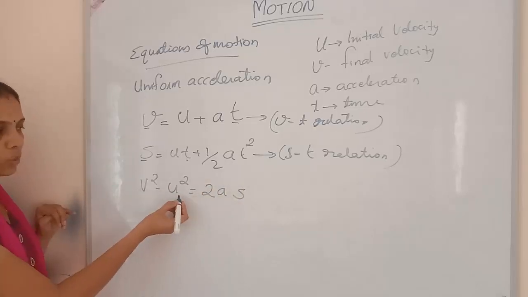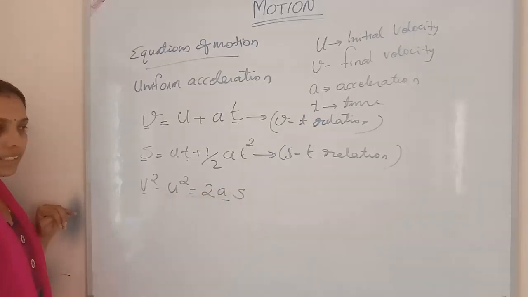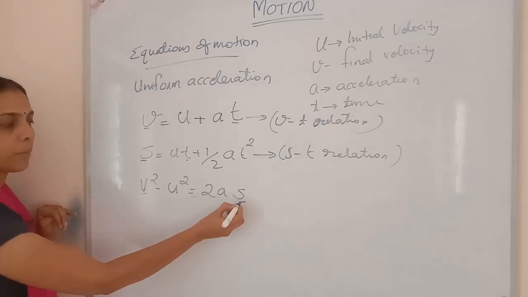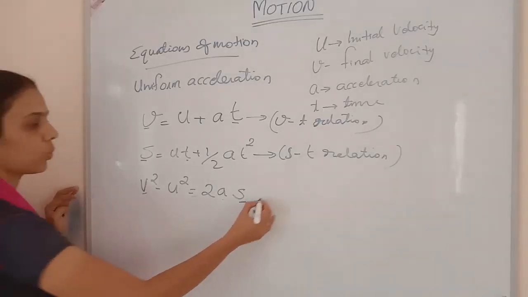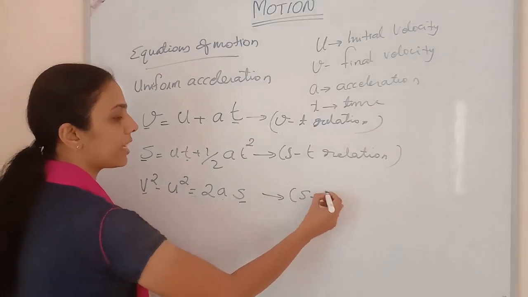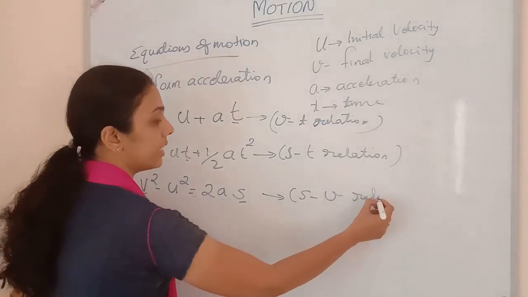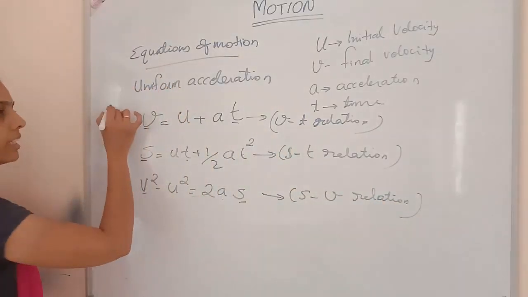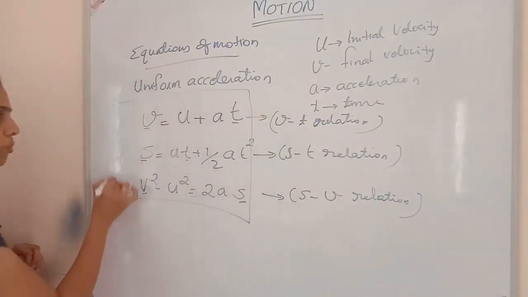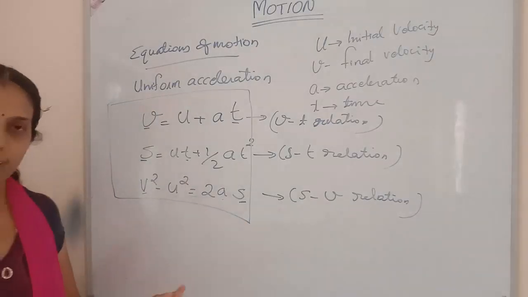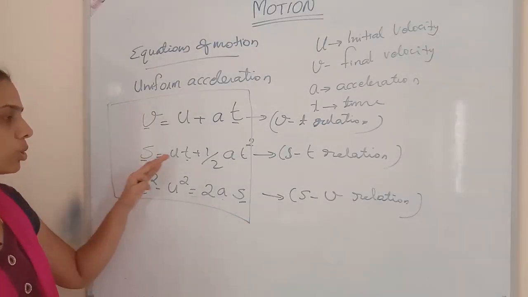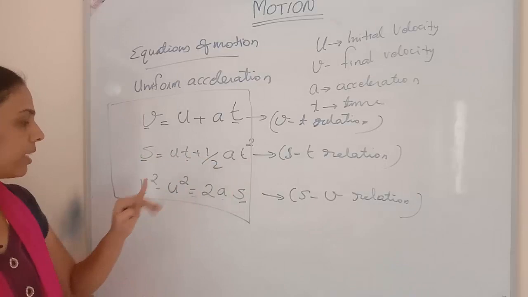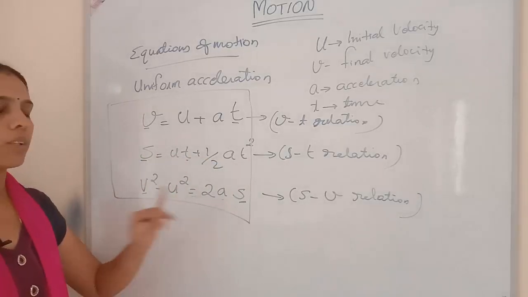Here v and u are there, and a, but no time, and s is there. So we can say it is the displacement-velocity relation. These three are the important equations of motion: v equals u plus at, s equals ut plus half at square, v square minus u square equals 2as.